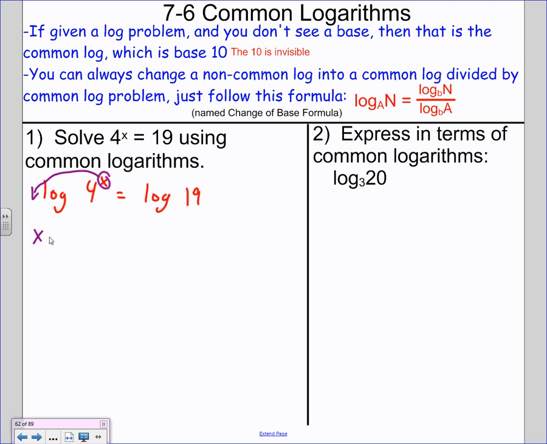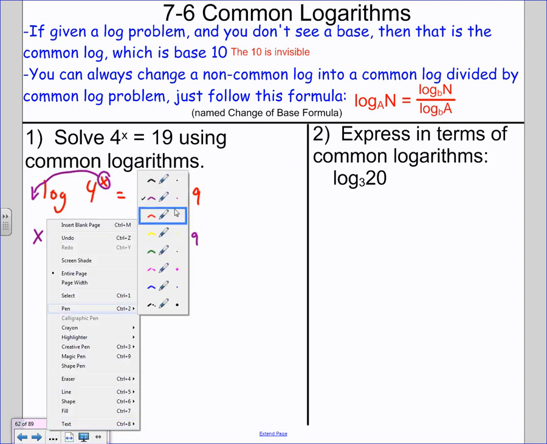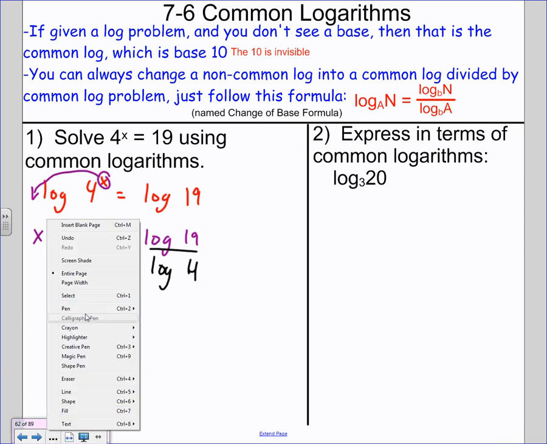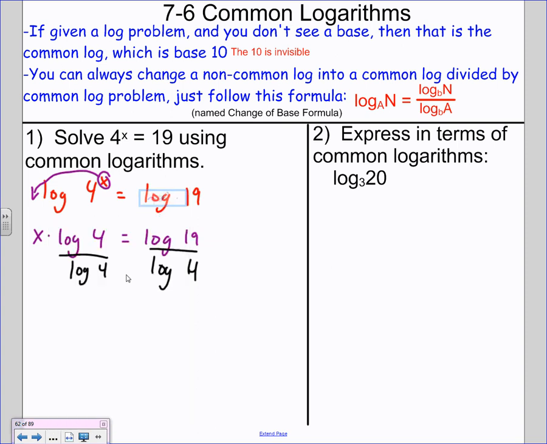So that means x times log base 10 of 4 is equal to log base 10 of 19. Now if I want to get x by itself, I would divide both sides by log base 10 of 4. And then x is alone on the left-hand side.